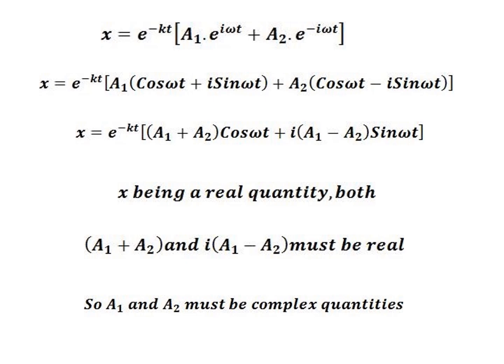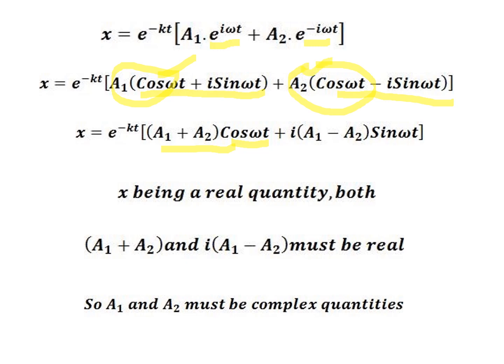So here too, instead of e raised to i omega t, you can write cos omega t plus i sin omega t. And instead of e raised to minus i omega t, you can write cos omega t minus i sin omega t. Now taking cos omega t as a common factor, we have two terms with cos omega t, that is a1 cos omega t and a2 cos omega t.